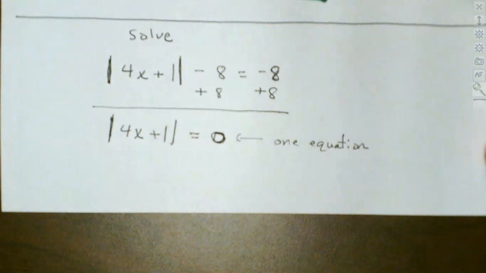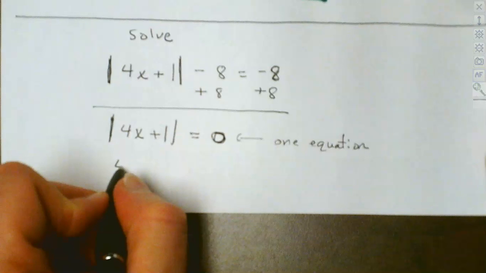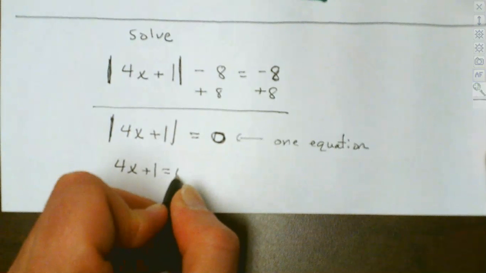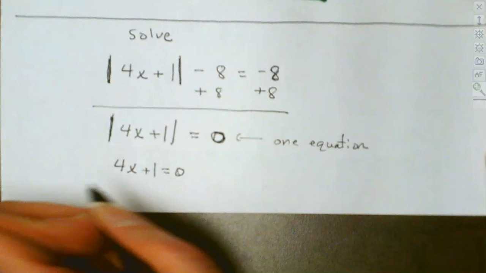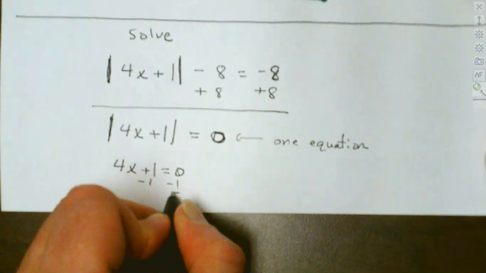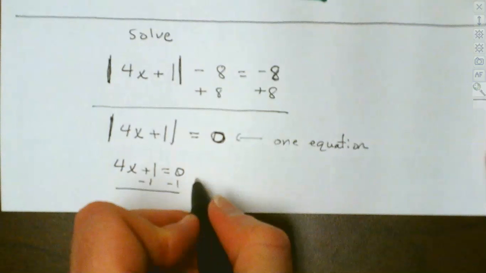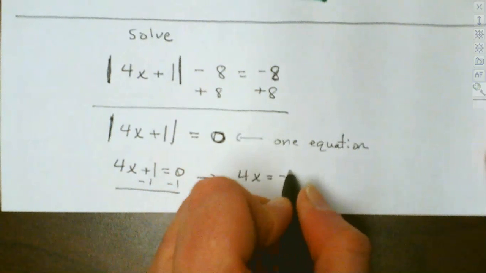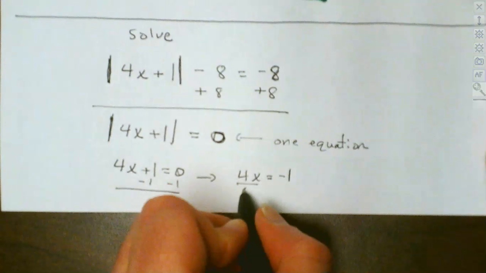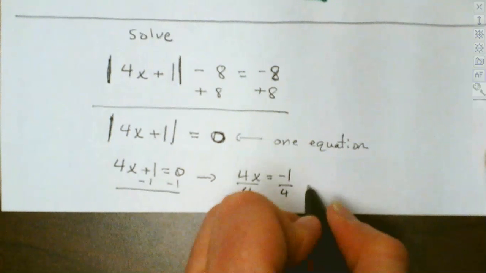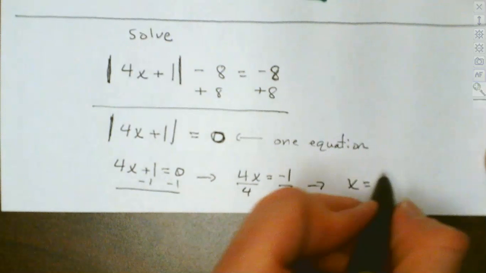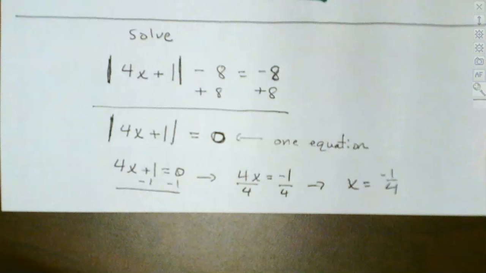And what would that one equation look like? Yep, 4x plus 1 equals 0, right? Everything stays the same. Move that 1 over. So then we've got 4x equals a negative 1. We divide by our 4, and we get our solution, which is x equals a negative 1/4.